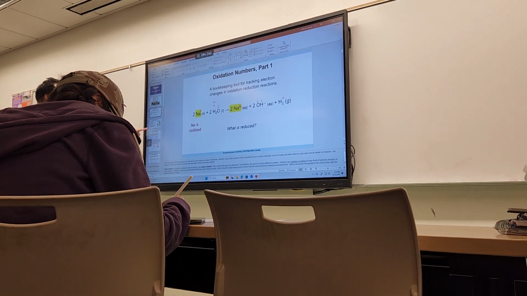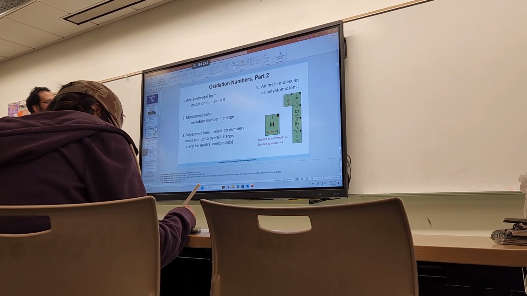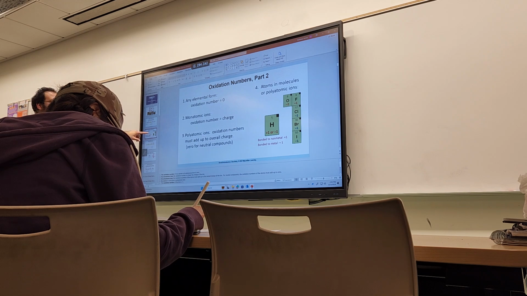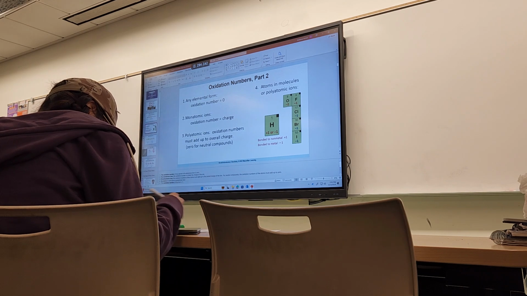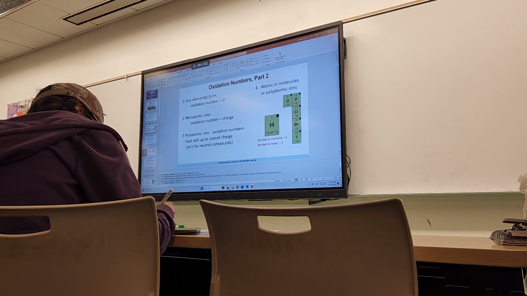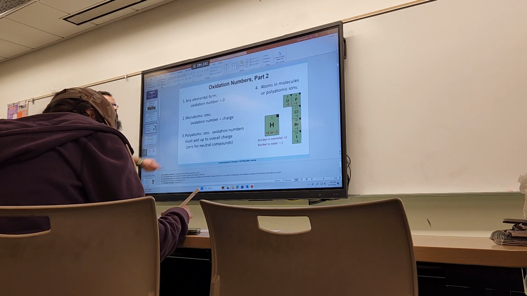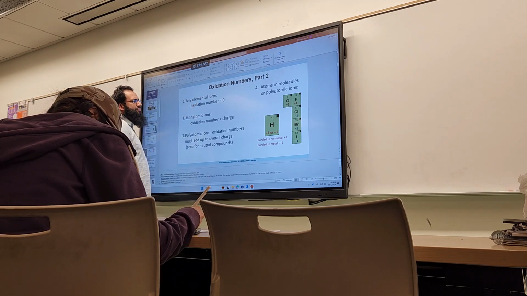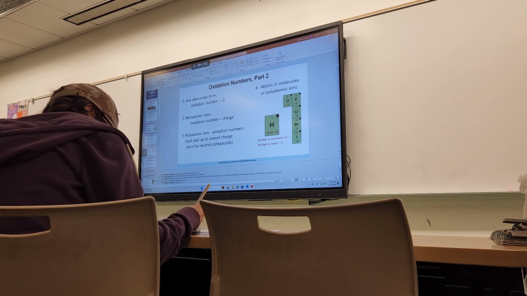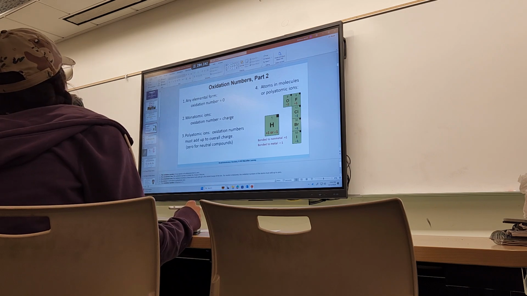So we have to figure out what the oxidation state is, right? And usually you have the oxidation states of certain atoms, but other atoms you will have to calculate. If you have a pure element in its elemental form, that means it's not reactive with anything else. So it's Na, it's O2, it's H2, it's Pt.